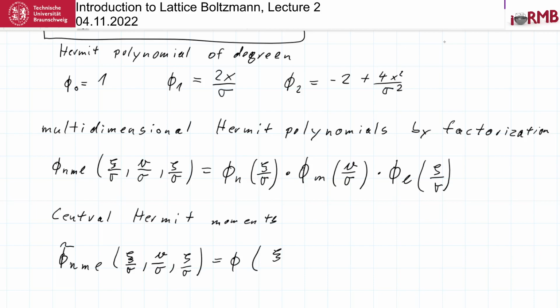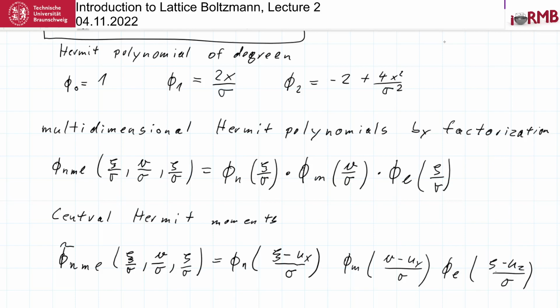Now this we simply get by subtracting, by moving this moment into the frame of the Gaussian that we observe. So I forgot the n here. Phi m of upsilon minus u y by sigma, and phi l of zeta minus u z by sigma.